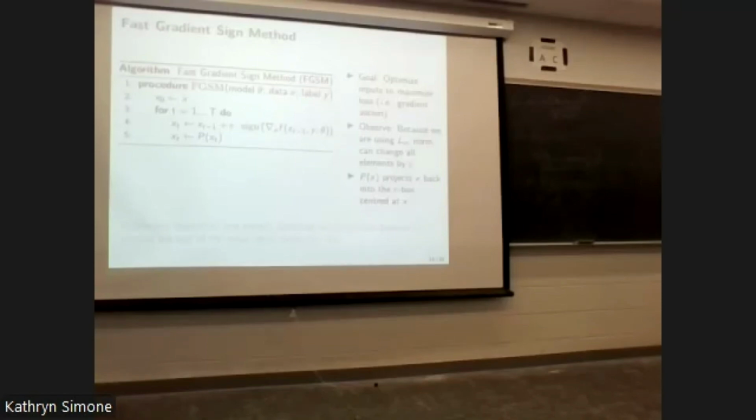We will take this and multiply the signs by epsilon. So our new gradient is a combination of these. So this is epsilon times the sign of the gradient.